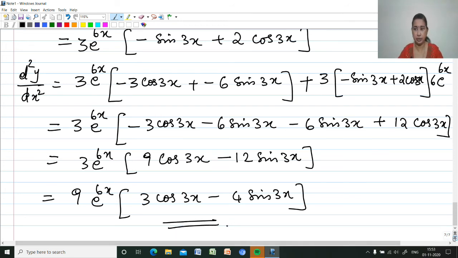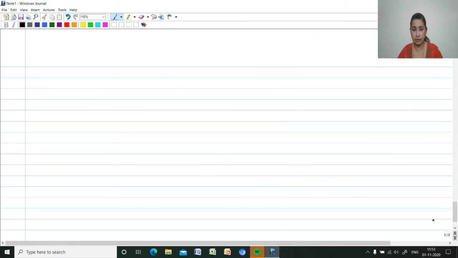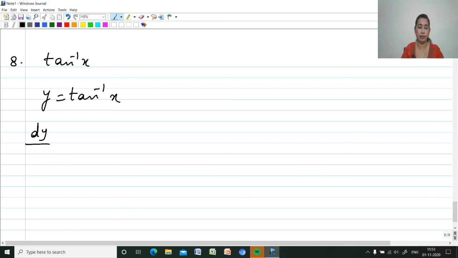Okay, now next question. That's question number 8: tan inverse x. Let y is equal to tan inverse x. Differentiating, dy by dx equal to derivative of tan inverse x is 1 by 1 plus x square.